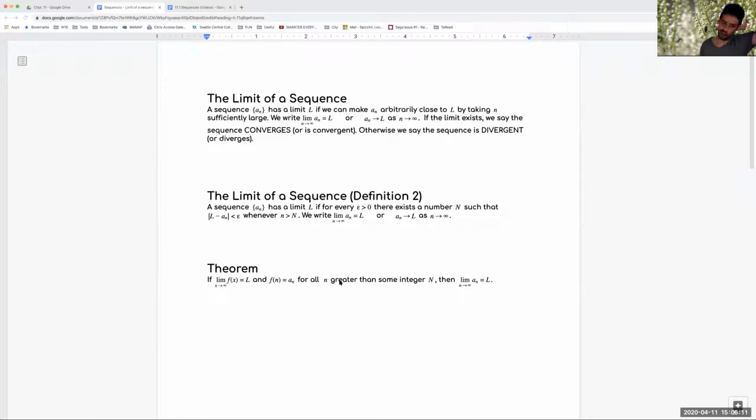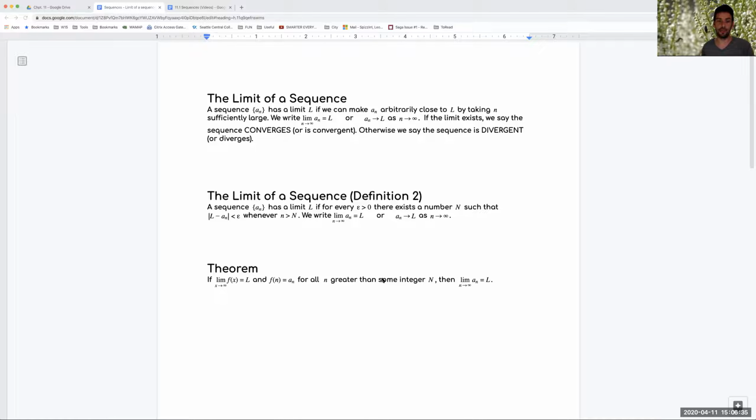I wrote it for n greater than some integer because it doesn't matter if they're different in the beginning. If the sequences eventually match the function, then everything's fine. The important part is that the function is equal to the sequence at some point.